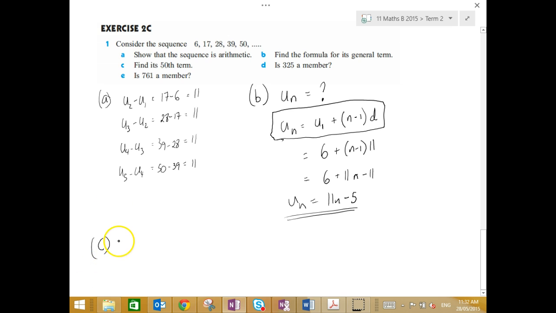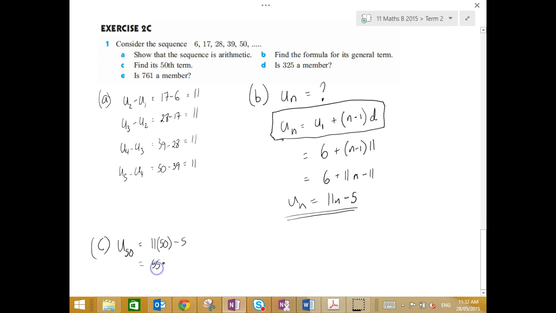So to find the 50th term, we've now got a simplified rule which just says it's 11 times n minus 5. So that's 11 multiplied by 50 minus 5.